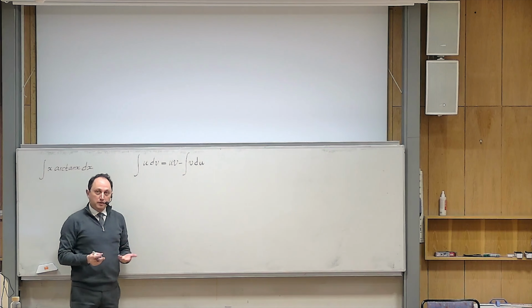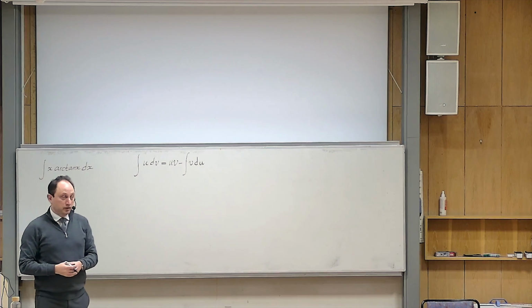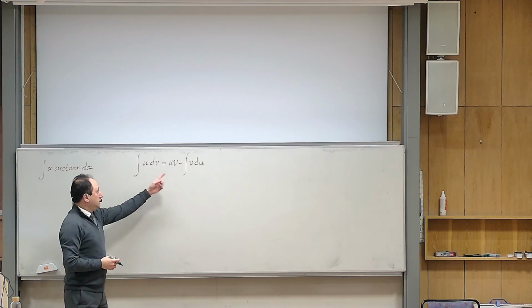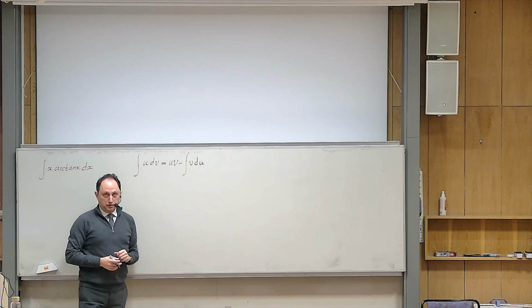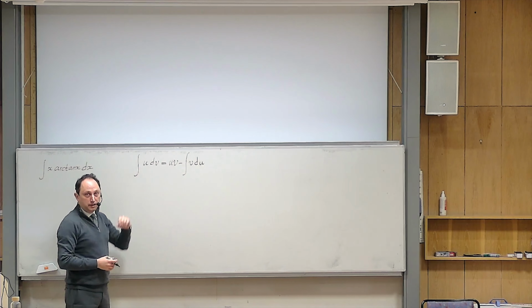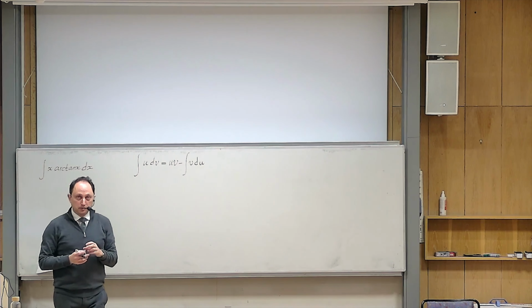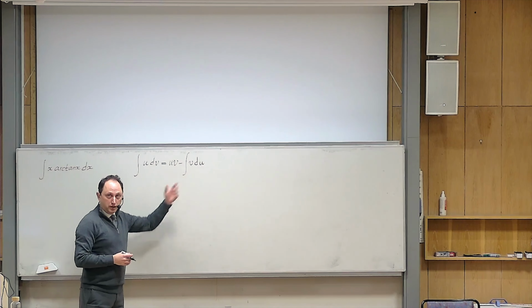This method is always true, of course, but it is not always useful. It is only useful when the new integral is simpler to calculate than the original integral, and sometimes wise choices of u and v make the new integral simpler to calculate.